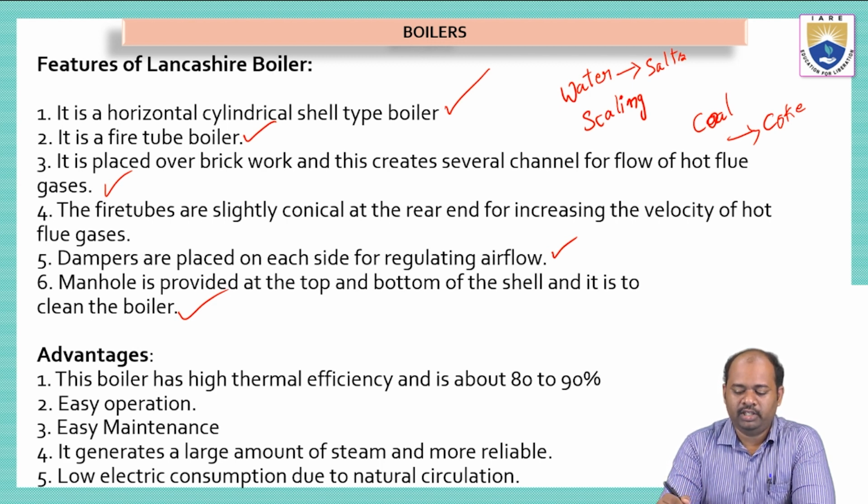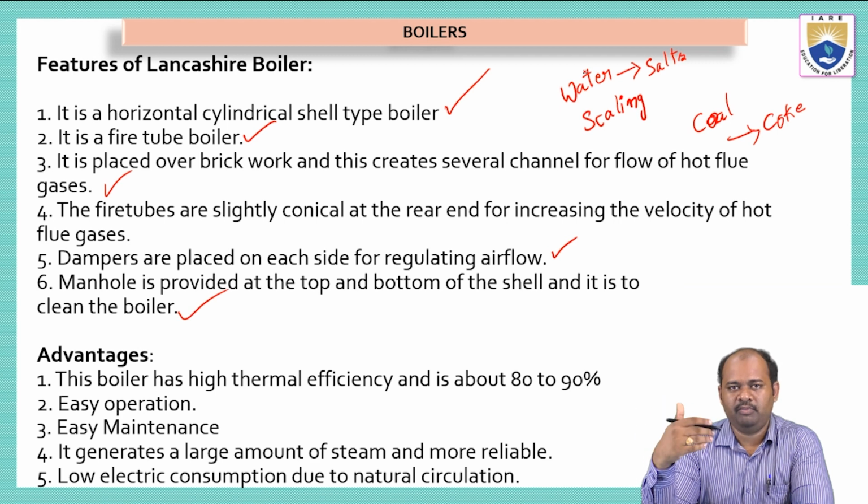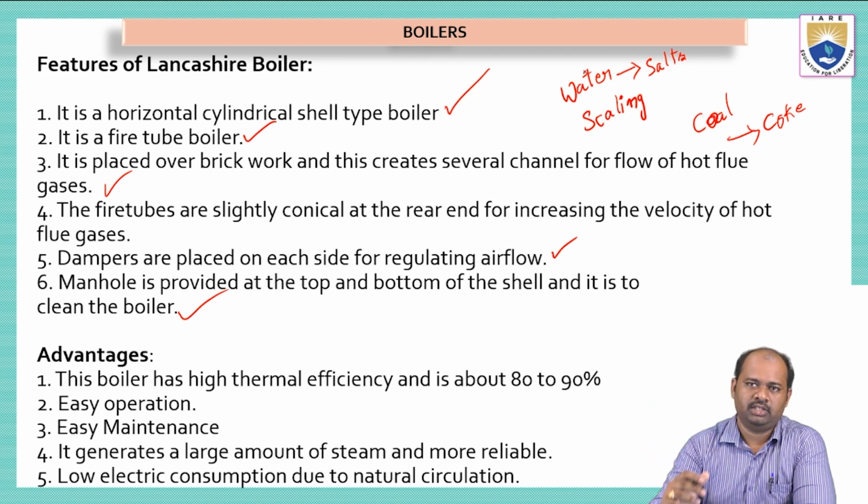So for these two cleaning purposes, we have manholes provided at different places in the boiler. One manhole will be provided at the top of the boiler, where the water tank is present, and another manhole is present at the bottom near the furnace, where we have to remove the carbon particles present inside the furnace structure.